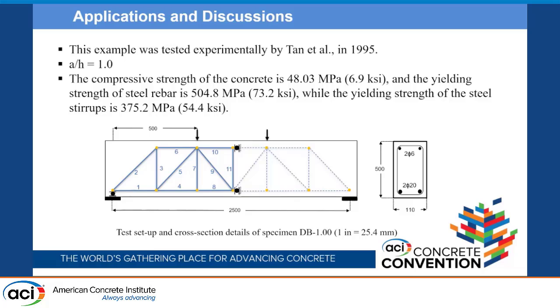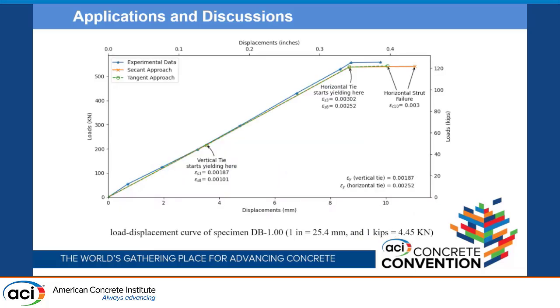This is the profile of the truss. This is the beam. And then we show the results. You see here that in this beam, this level matches very closely the experiment for the popping of the shear crack: the vertical tie starts yielding here.